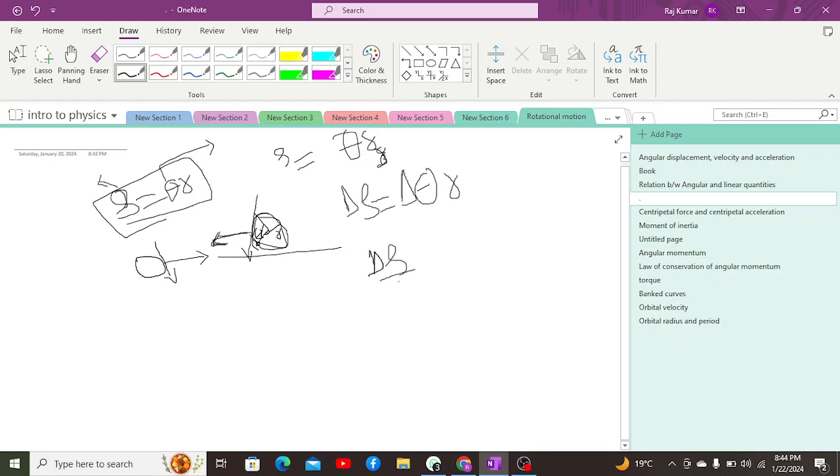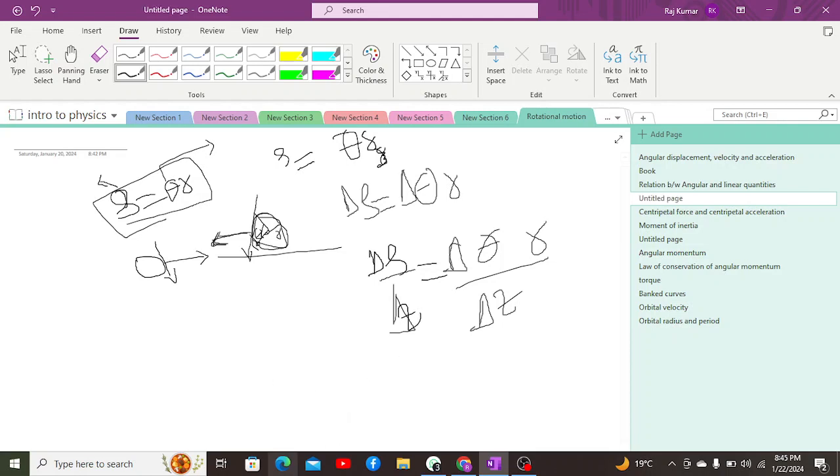It will become delta s upon delta t is equal to delta theta upon delta t into r. As a result, delta s upon delta t is equal to velocity, and delta theta upon delta t is equal to omega.